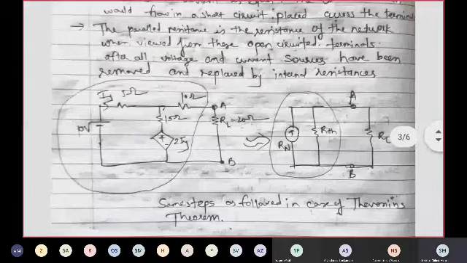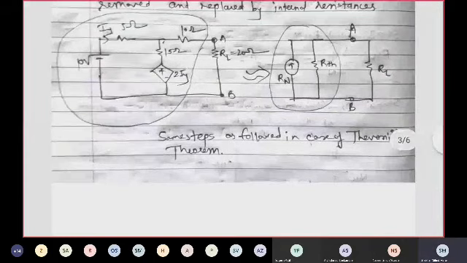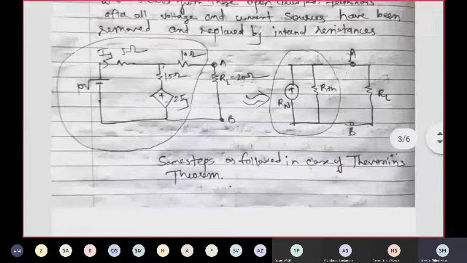So for Norton theorem, for Thevenin theorem, and for maximum power transfer theorem, all the three steps are the same. Step 1, find VTH, then find IN, and then draw the equivalent circuit. Then find RTH. So here in this diagram, you can see you have to replace this circuit by the Norton's equivalent circuit, that is by ISC and RTH.